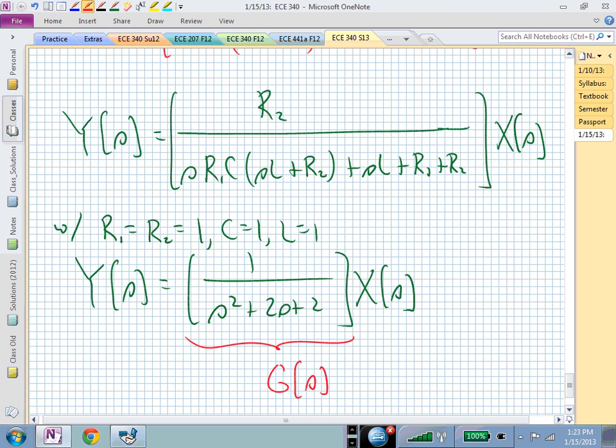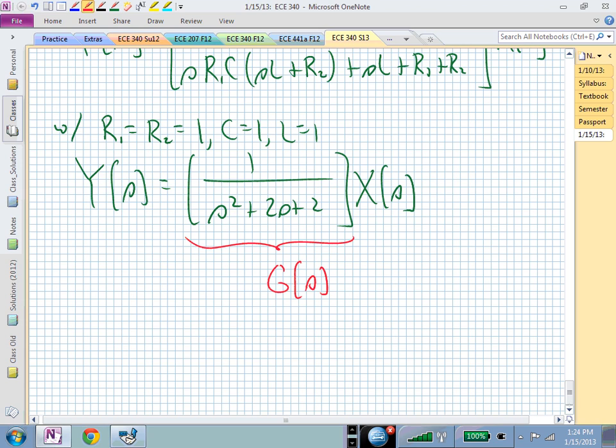If I find values of S that cause this denominator to vanish, what are those called? Do you remember what we called those? Those are poles, aren't they? The zeros are the values of S that cause the numerator to vanish, the finite values of S that cause the numerator to vanish. So if we wanted to know what the poles are, that gives us the natural behavior of this circuit.